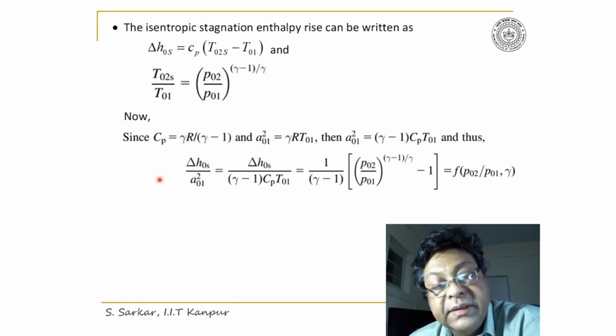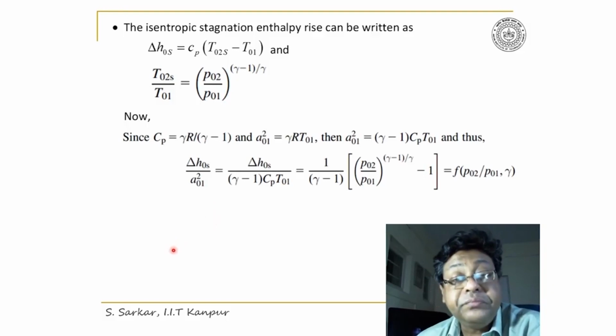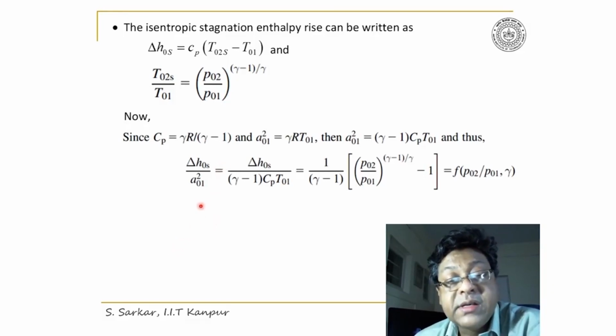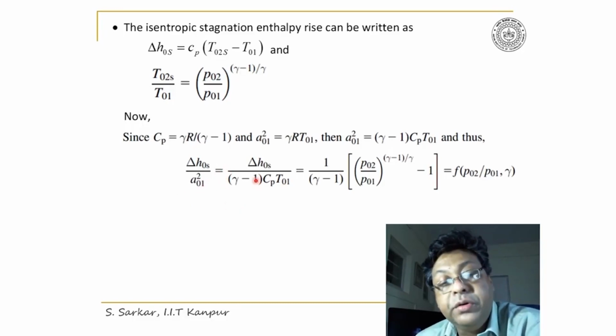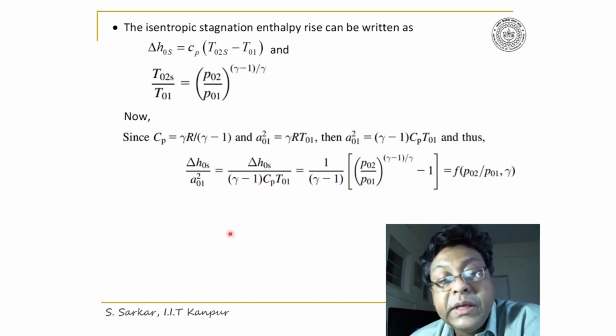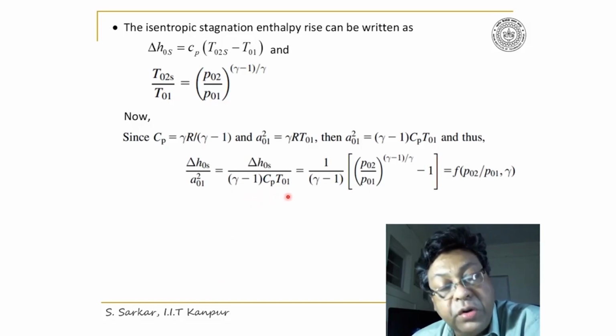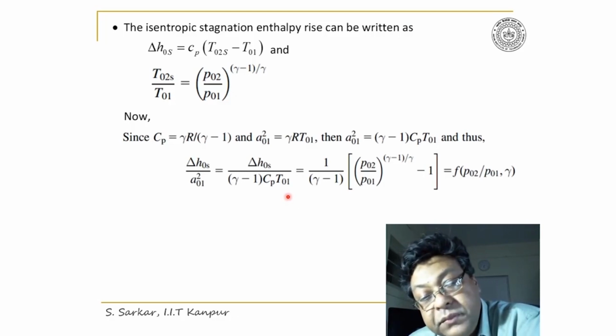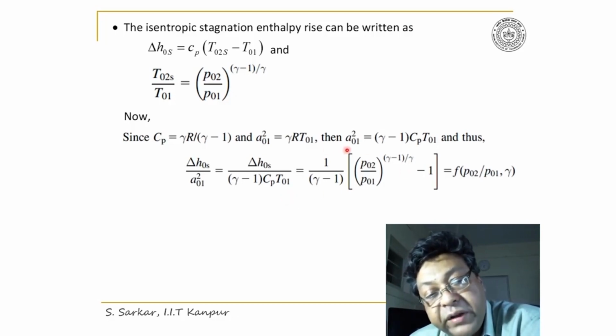Thus, we can express the ratio of del H0s and A01 square as del H0s divided by A01 square equal to del H0s divided by gamma minus 1 into Cp into T01. Put here the value of A01.